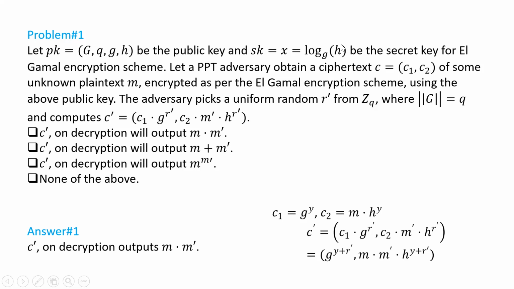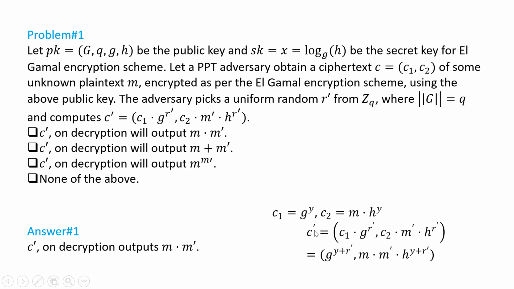So x is secret, but h is available publicly. So we basically compute h to the power y dot m. And h to the power y, as you know, is nothing but g to the power xy, right? And g to the power xy is, as you know, the Diffie-Hellman key, which is indistinguishable from a uniformly random element of the group. So anyway, this is the form that C1 and C2 have of some valid ElGamal ciphertext.